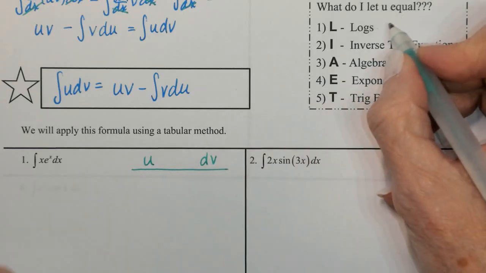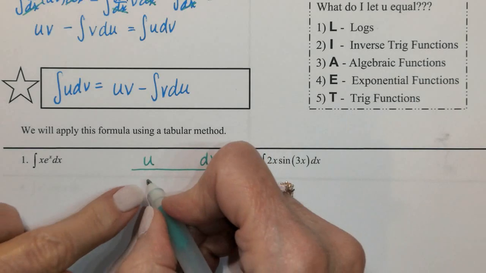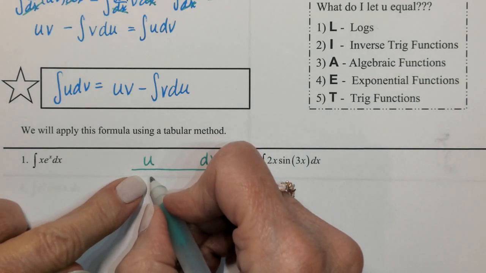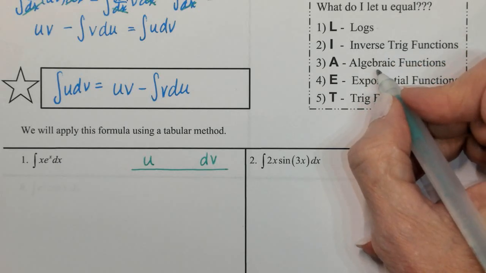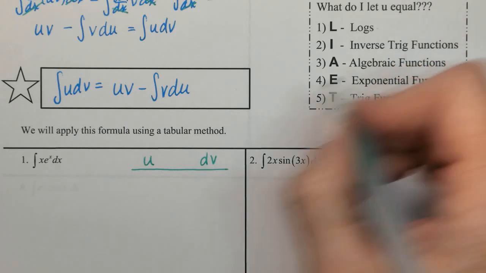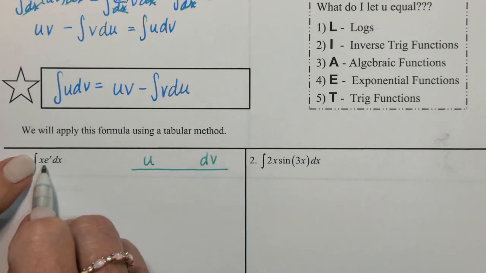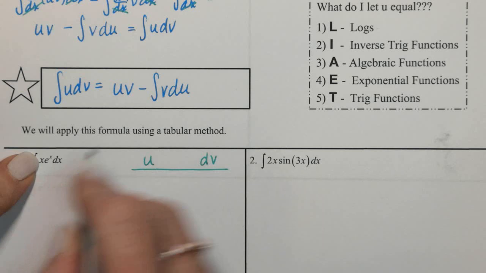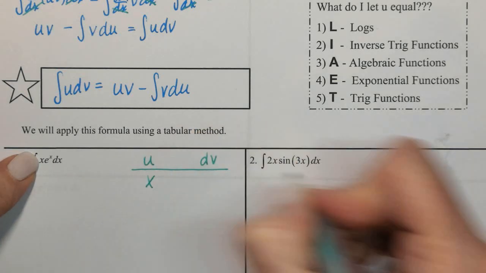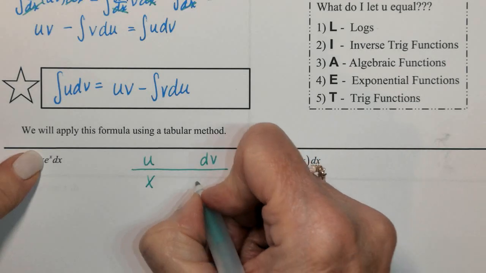If there's no log, but there is an inverse trig function, let that be your u. If there's no log or inverse trig function, but there is an algebraic function, let that be your u. And in this case, we don't have a log or an inverse trig function, but we do have an algebraic function. I will let that be my u. So my dv is everything else.